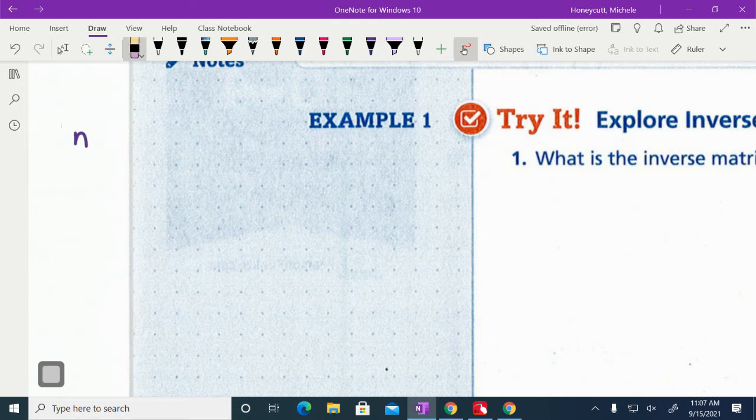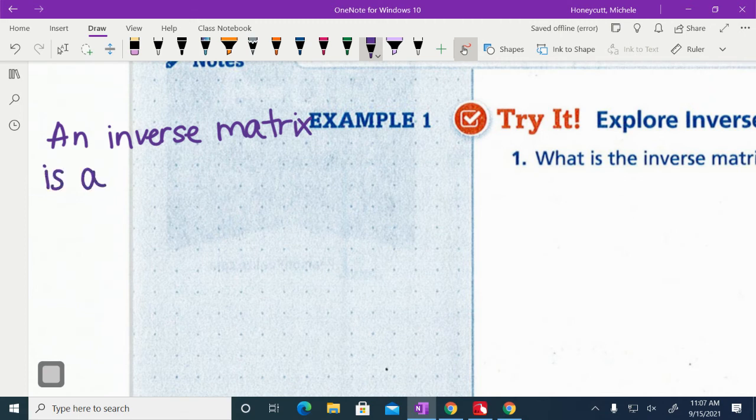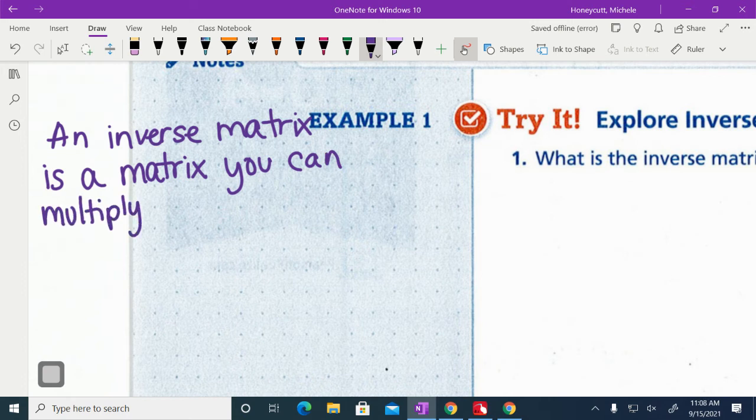An inverse matrix is a matrix you can multiply by to get the identity matrix.